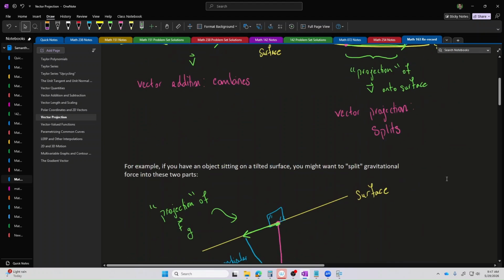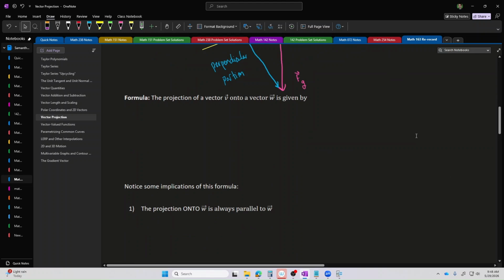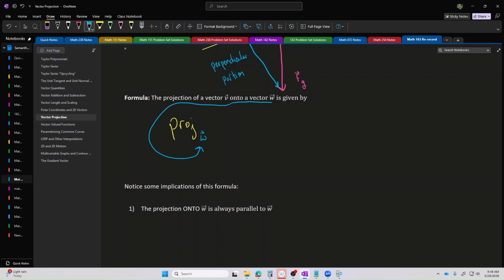So to that end, we're going to define a certain formula. The formula is for the projection of a vector v onto a vector w. If I'm projecting a vector v onto a vector w, the notation for that is the letters P, R, O, J, short for projection, then a subscript representing the vector that we are projecting onto. Then next to that, the vector that is being projected.